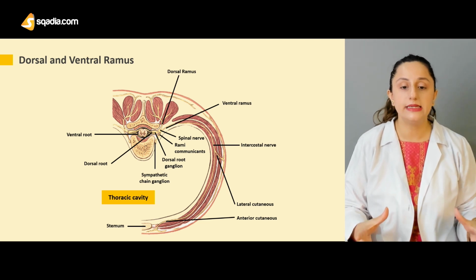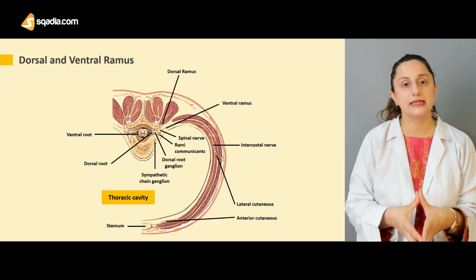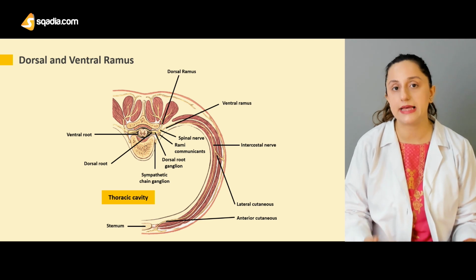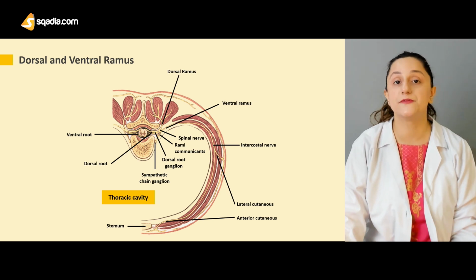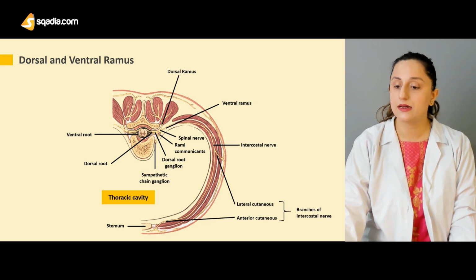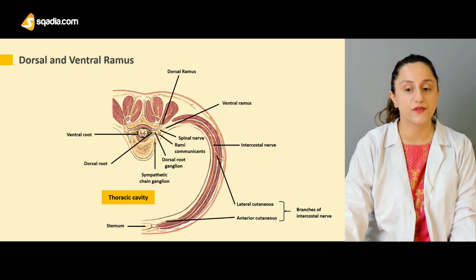So this is how the innervation takes place. A single mixed spinal nerve subdivides and continues as a single nerve, and then there are subdivisions to that nerve as well. The lateral cutaneous and anterior cutaneous are branches of the intercostal nerve.